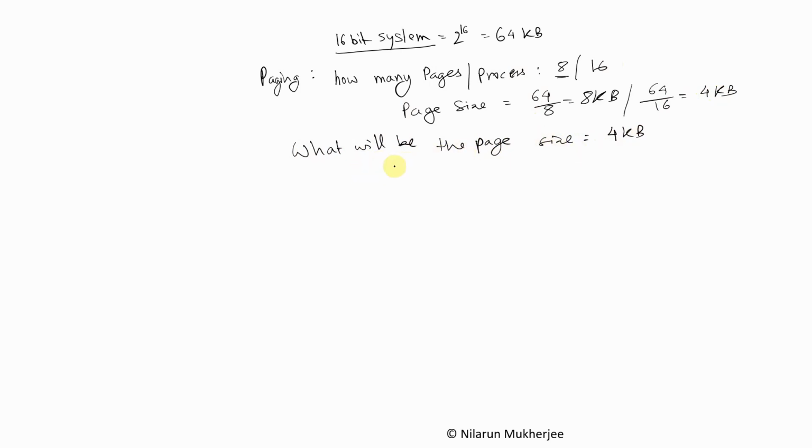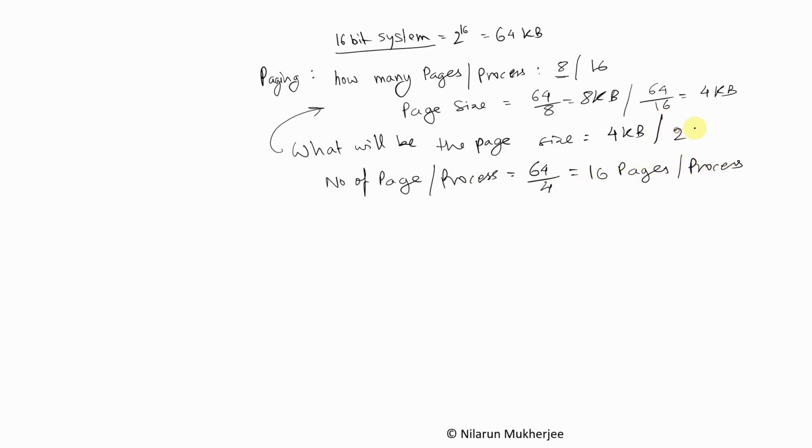Then going in the reverse direction, I can find the number of pages per process equal to 64 by 4, 16 pages per process.